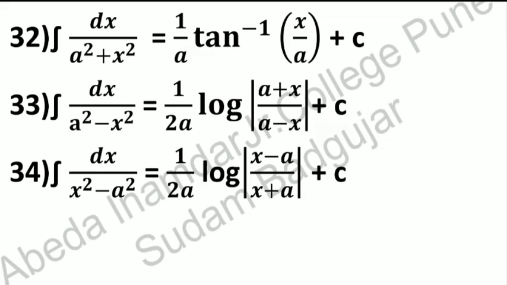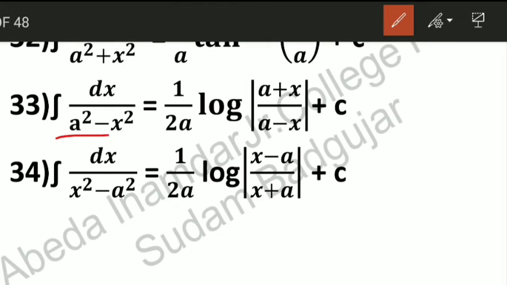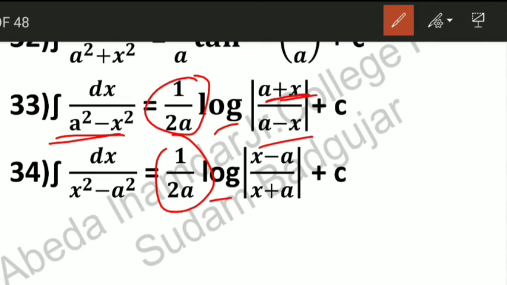What is 32? The integration of dx upon a square plus x square is equal to 1 upon a tan inverse of x upon a plus c, and here 33 and 34 are similar. For a square minus x square, where the coefficient of the variable is negative, it is 1 upon twice a, and in this case also 1 upon twice a, both are similar logs, but since the coefficient of x square is negative, it is a plus x upon a minus x, taking the opposite.